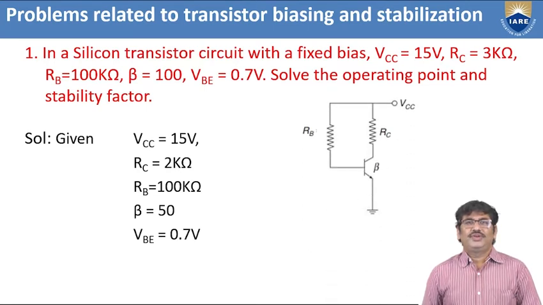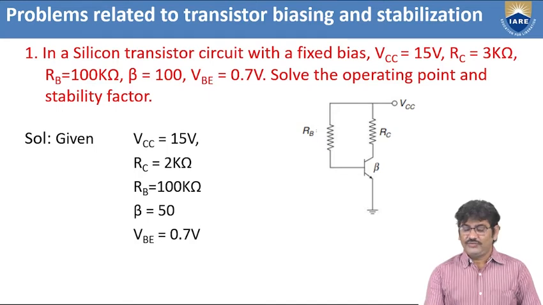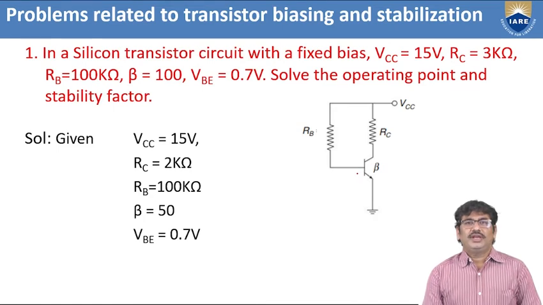So the circuit for fixed bias is a resistance RB connected from VCC to base. For the given values, first we need to estimate the base current flowing in the transistor by writing the KVL expression at the input side. Once we estimate IB, we can find the collector current by IC equals beta into IB.